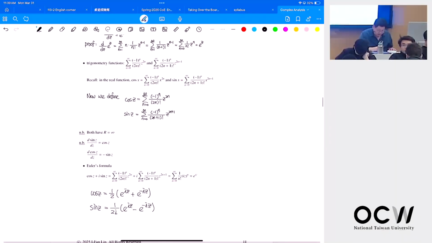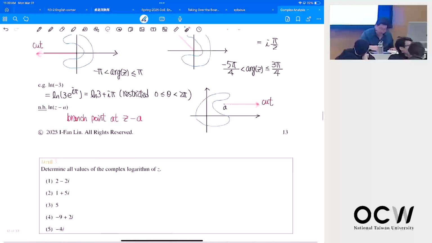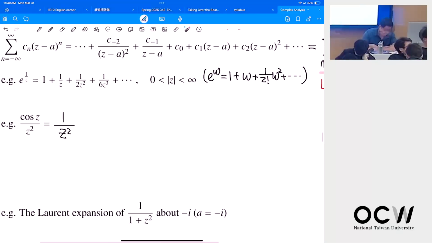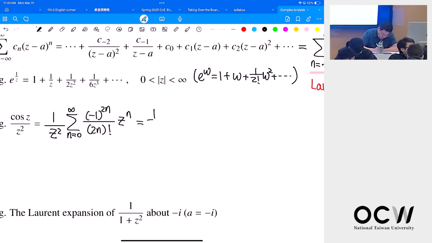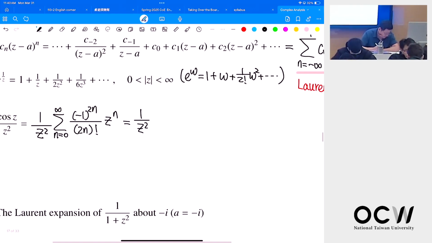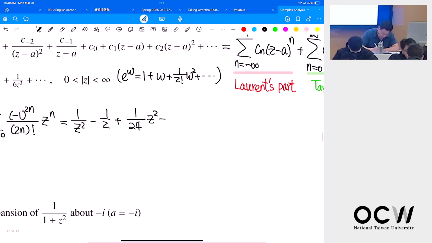Here's cosine z: the sum with n from 0 to infinity of minus 1 to the n divided by 2n factorial times z to the 2n. Plugging in, this gives you 1 over z squared minus 1 over 2 plus 1 over 24 z squared, and 1 over 720 times z to the 4th.